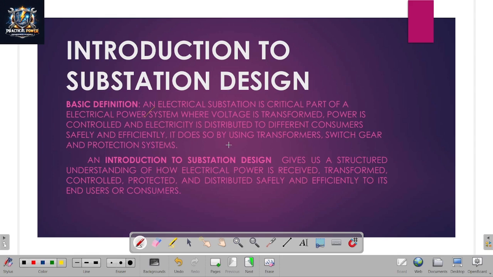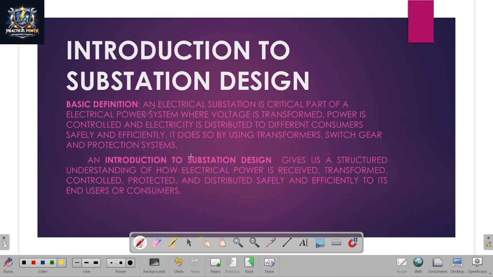It does so by using transformers, switchgear and protection systems. So the main components of substations are the transformer, switchgear and protection systems. These are the critical parts of the substation.